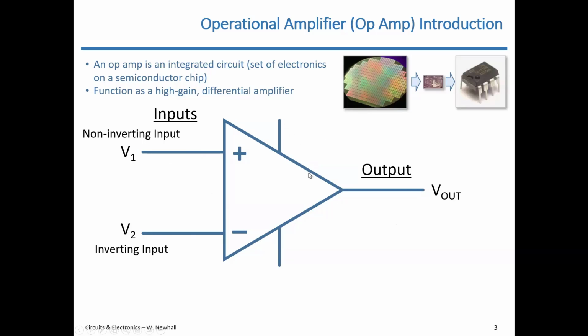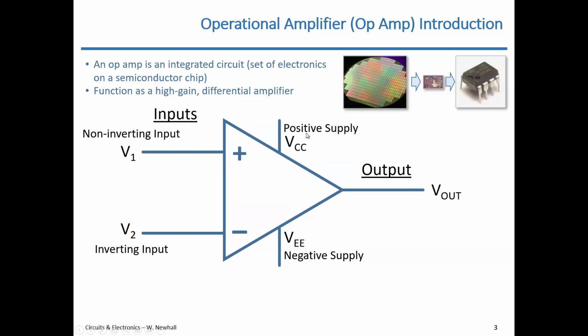These other 2 are power supply terminals. The one labeled VCC, it's not always on the top, sometimes is called the positive supply, and the one labeled VEE is the negative supply. Okay, so this is an amplifier. It has to be powered, and these are the power supply voltages for that.